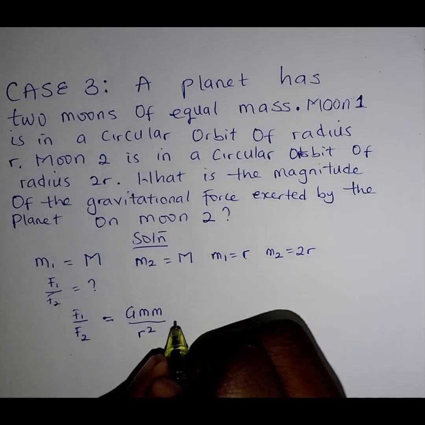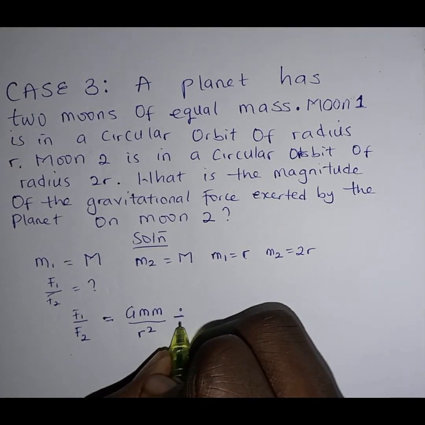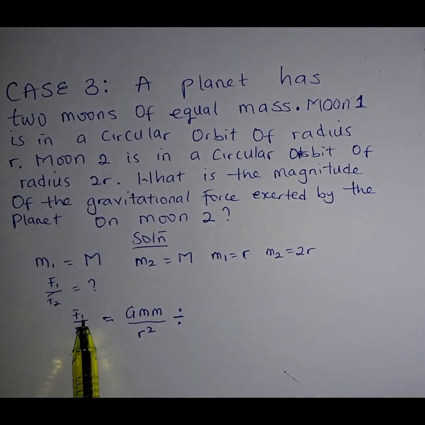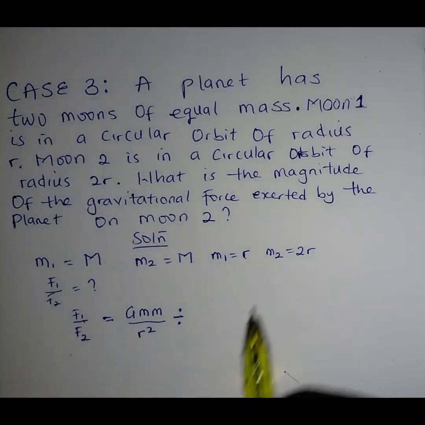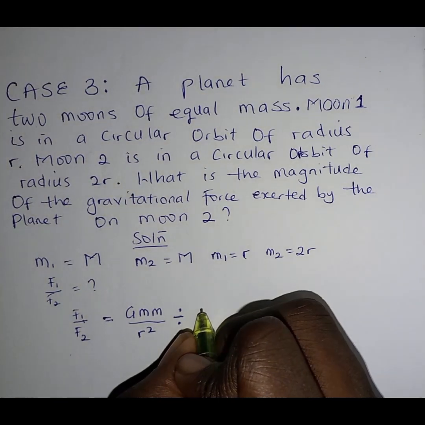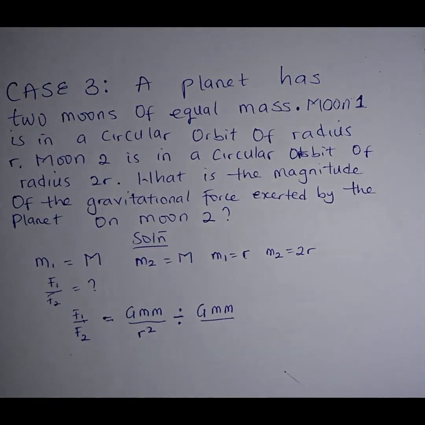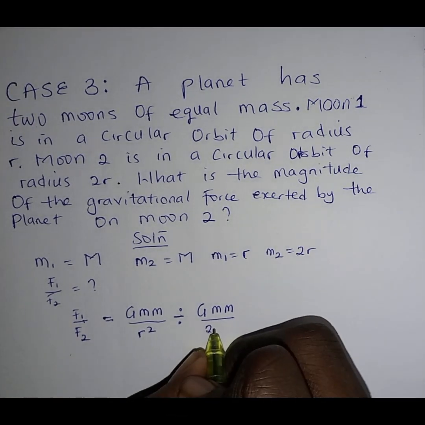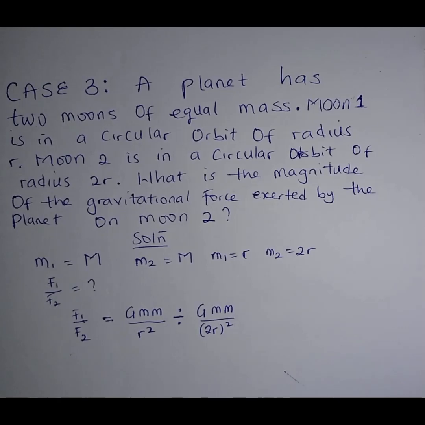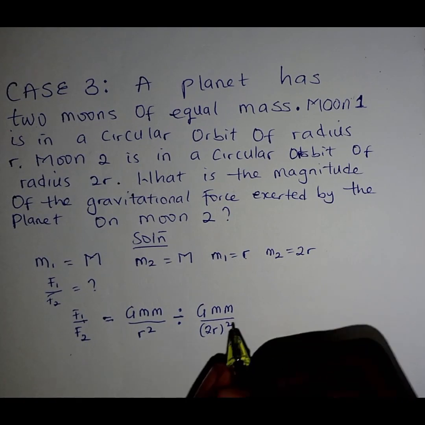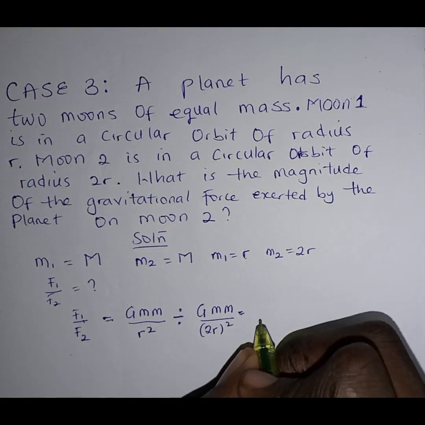Are we together? Divided by, ratio means division sign, so divided by, now the formula for the second force will be Gmm over, now the radius for the second force is 2r, so therefore 2r square. You know we always square the radius in the formula of what? Gravitational force.